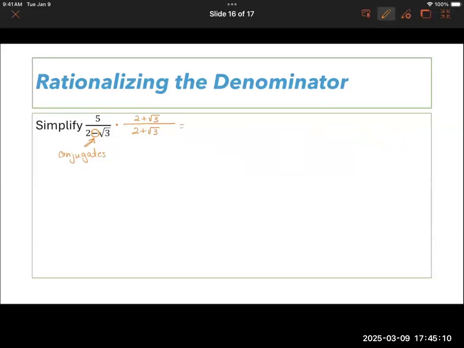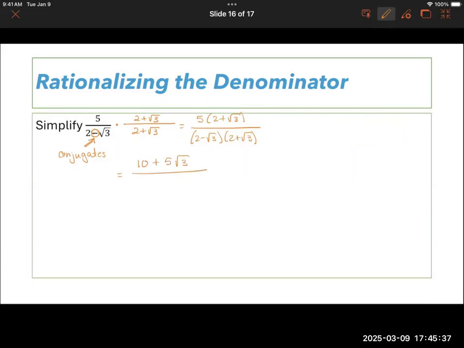So now we're going to multiply this out. On the top, we're taking 5 times 2 plus square root of 3. On the bottom, we are going to be taking 2 minus square root of 3 times 2 plus square root of 3 and FOIL it. Okay, so distributing the 5 gives us 10 plus a 5 root 3.